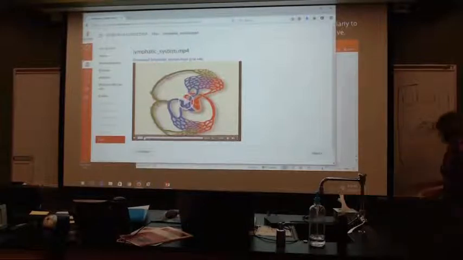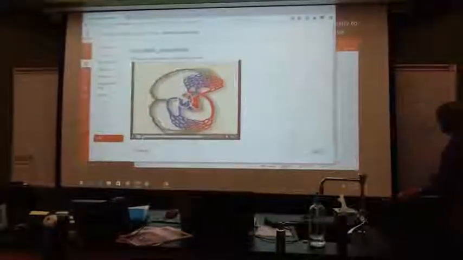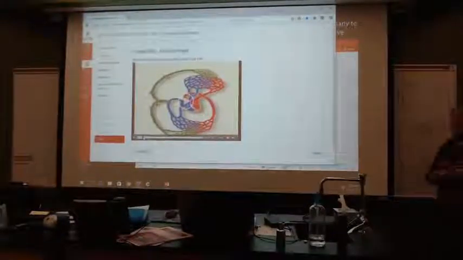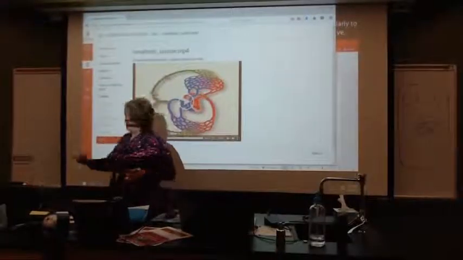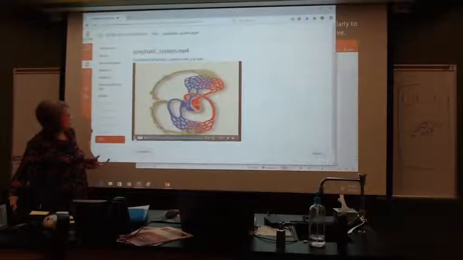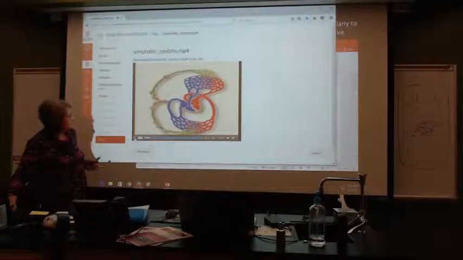So, when we look at the lymph system, because they tried to show in the video, lymphatic vessels recycle excess tissue fluid that accumulates in the interstitium as a result of normal capillary leakage.